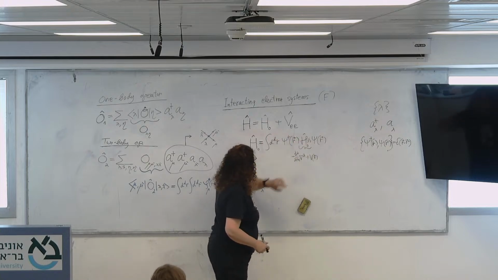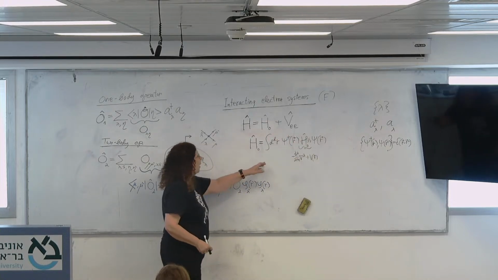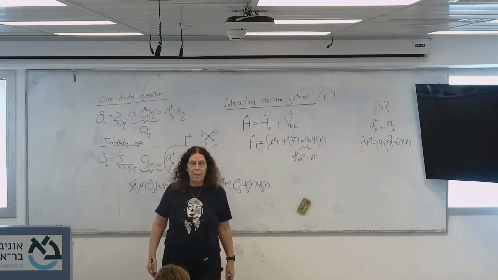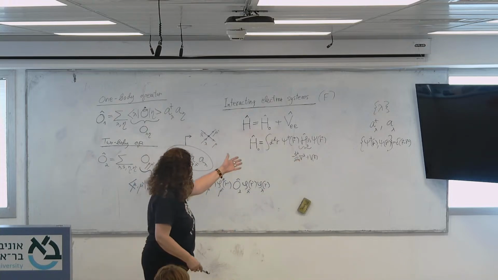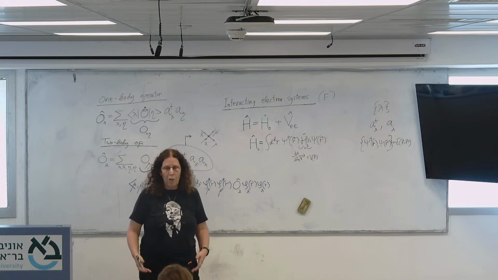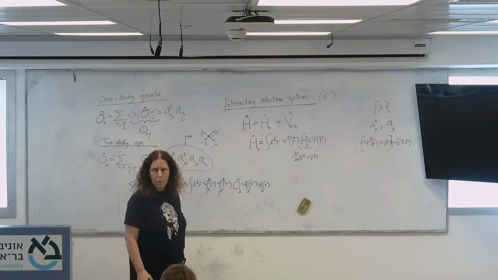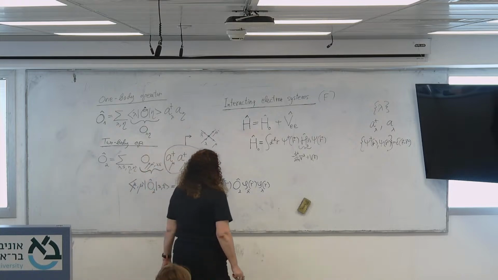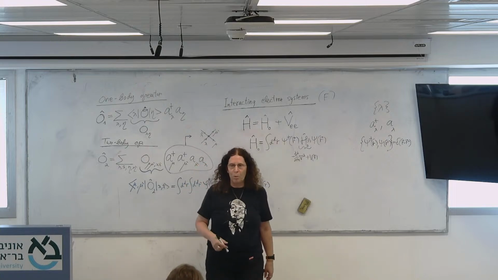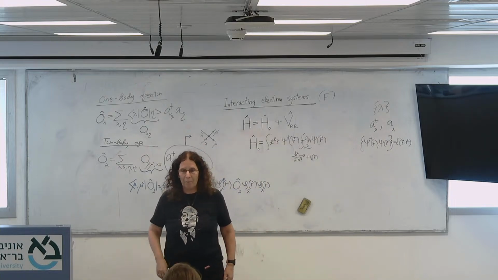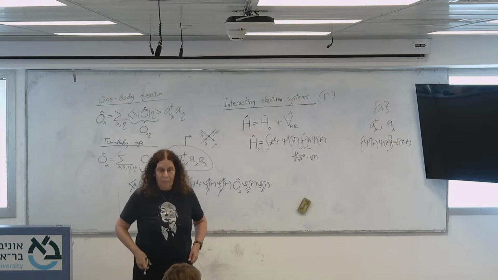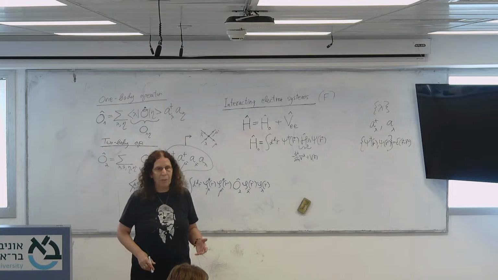So this is one way of writing the H naught, but it's not a useful way to write it. Why? Because it's not diagonal in this basis. It never is in real space, unless the potential is huge in some limit. Position is never a good quantum number.